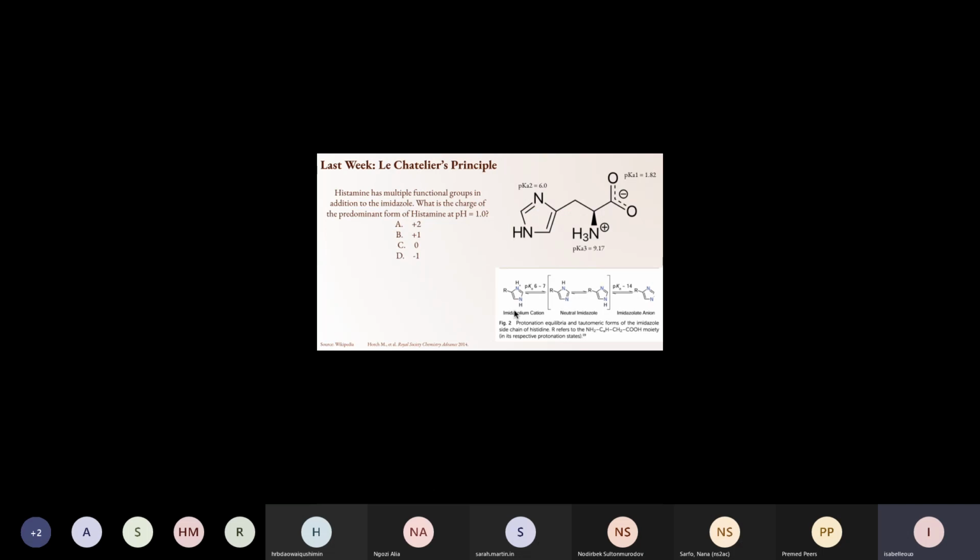And the next question is also related to the concept of Le Chatelier principle. Here you have multiple pKa values, which is very common in amino acids. Here we wanted to focus on what the entire charge of that histidine molecule would be when the pH is equal to 1.0.